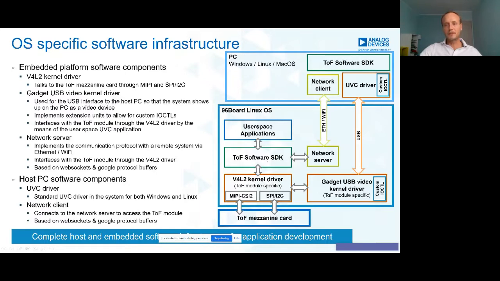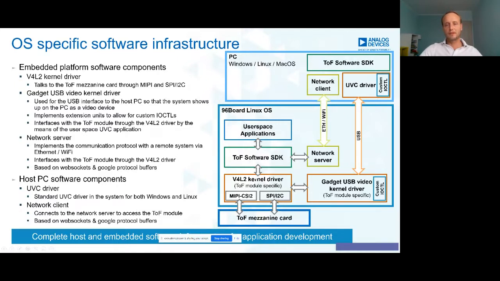And then the SDK talks to the driver directly. There's also the option to connect the embedded system to a PC, where we run the same SDK, but with a different backend, which can be either a network backend or a USB backend. So this is the high-level architecture of the SDK.